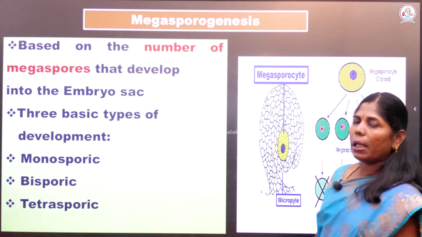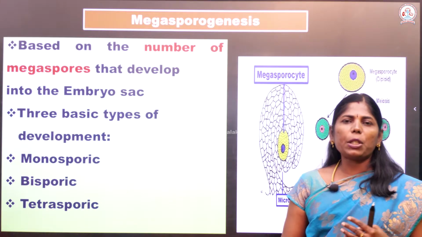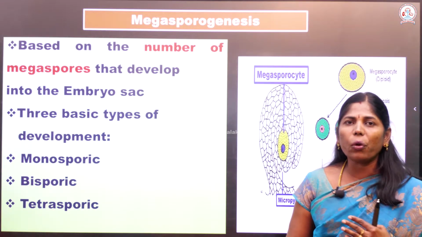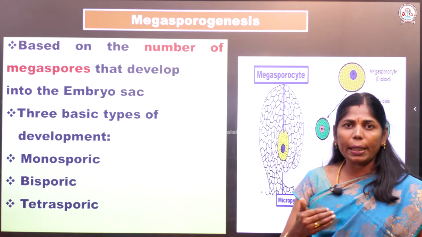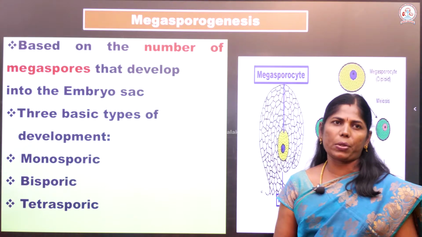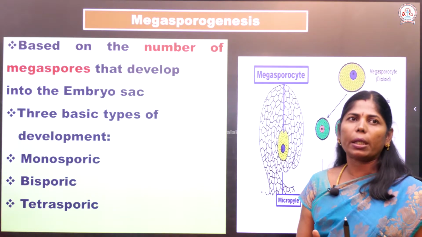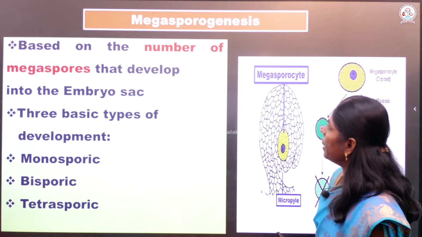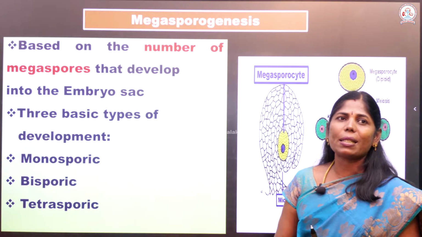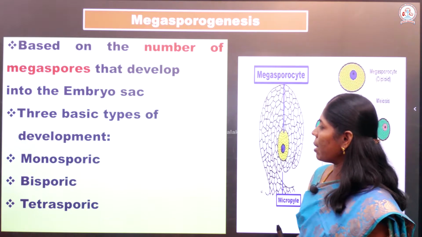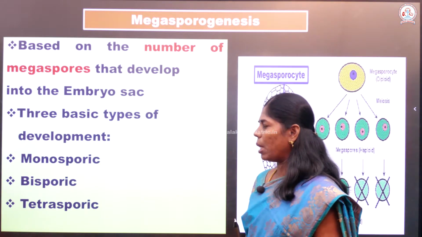Based on the number of megaspores that develop into the embryo sac, actually 4 haploid megaspores are formed here, but not all the megaspores are involved in the formation of the embryo sac. So it is classified into 3 types. The first one is monosporic, the second is bisporic, and the third is tetrasporic.